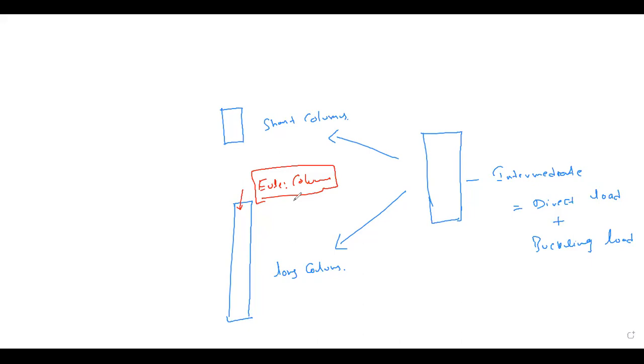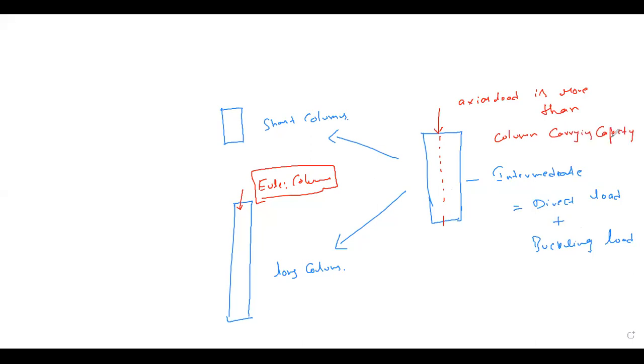Sir, in the Rankine formula the crushing stress comes, right? See, in the Rankine formula there is a crushing load, and a buckling load also. When does crushing happen? Crushing happens under direct load, when the axial load or direct load is more than the column carrying capacity.